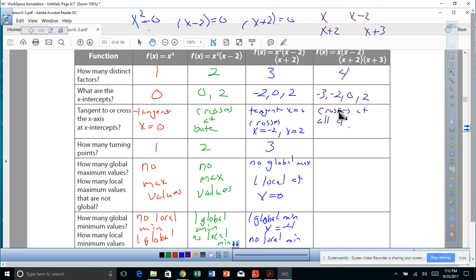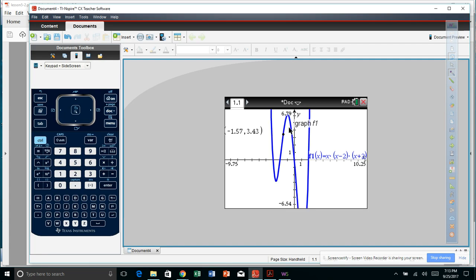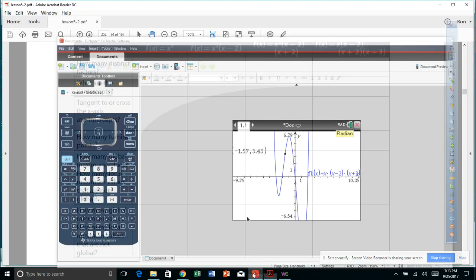How about x-intercepts? It's a little bit more precise. All right. How many turning points? Well, there's 3, and you can take a look. You got 1, 2, and then down there somewhere is the 3rd. Okay.